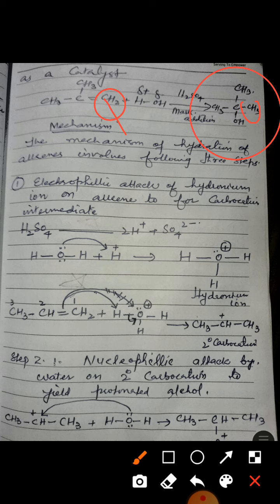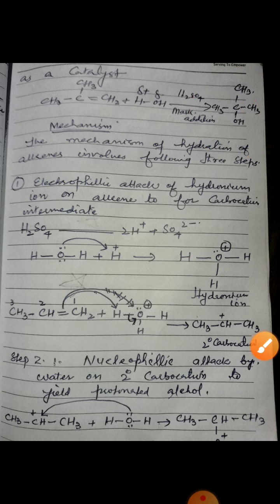First step is electrophilic attack of hydronium ion on alkenes to form carbocation intermediate. ये जो हाइड्रोनियम आयन का अटैक है, इलेक्ट्रोफिलिक अटैक on alkenes, it attacks on alkenes to form carbocation.